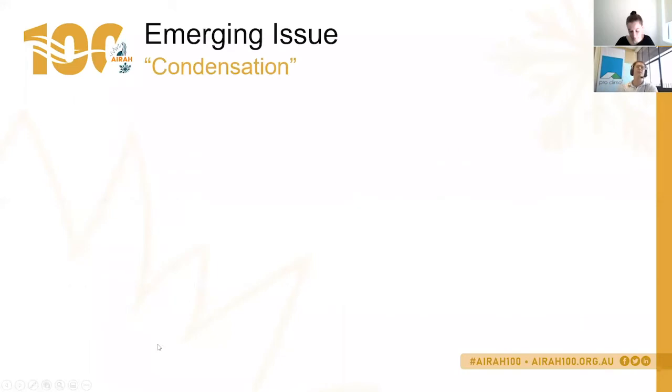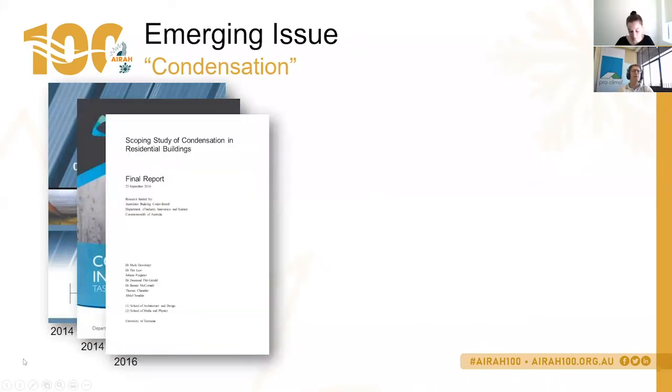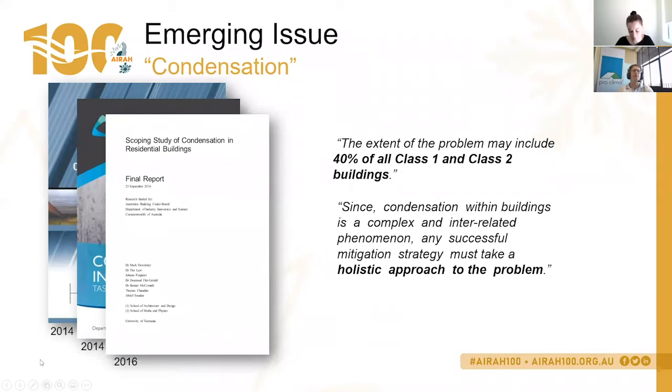So the emerging issue, or one of the big emerging issues, is moisture, or what in the building code is called condensation. So the condensation in buildings handbook was first released by the ABCB in 2014. In 2014, the Tasmania Building Designers Guide was also released, which was all about condensation in buildings.